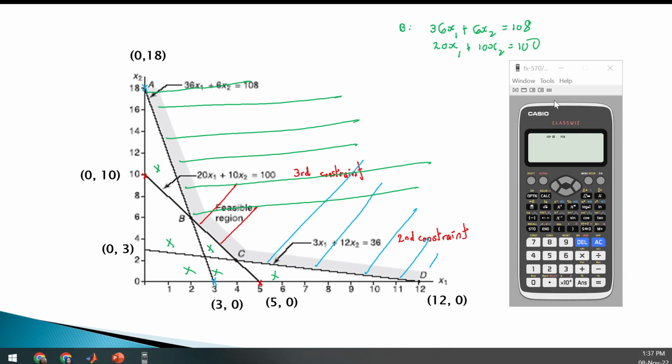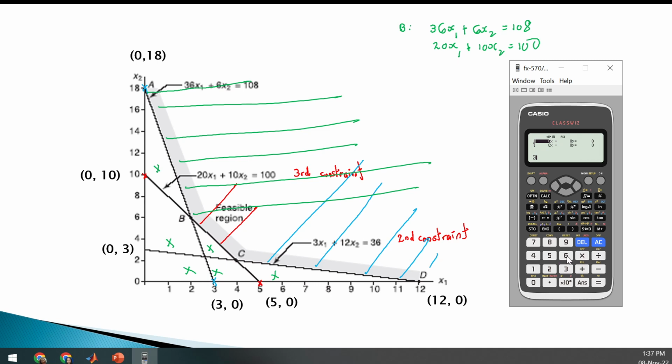I will directly use a scientific calculator to solve these two simultaneous linear equations. I go to the equation mode, simultaneous equation. This mode can solve up to 4 simultaneous equations, but in this case we just need 2, so I select 2.